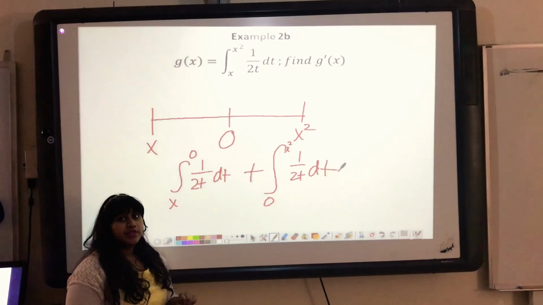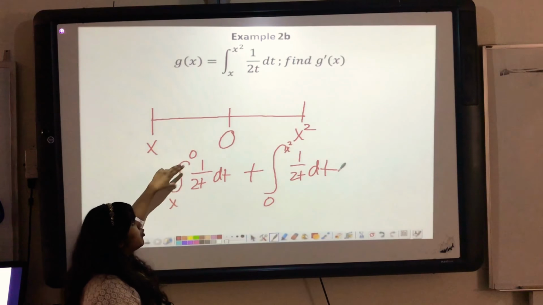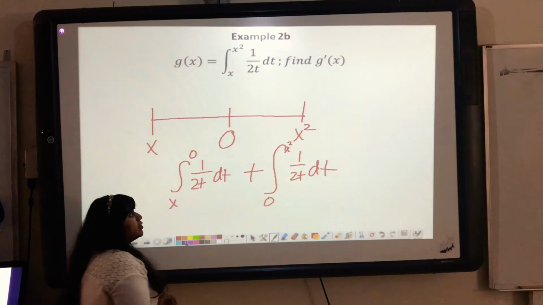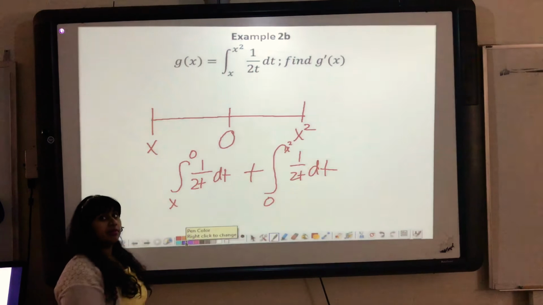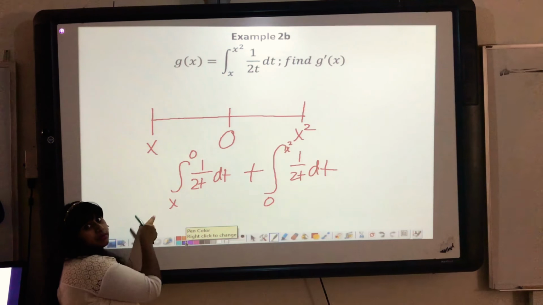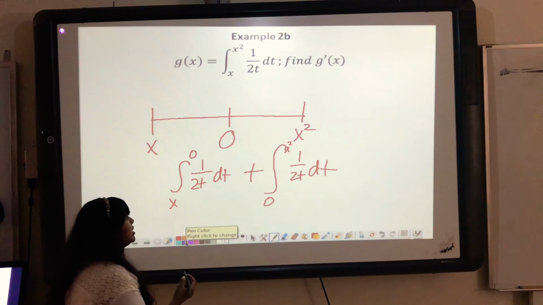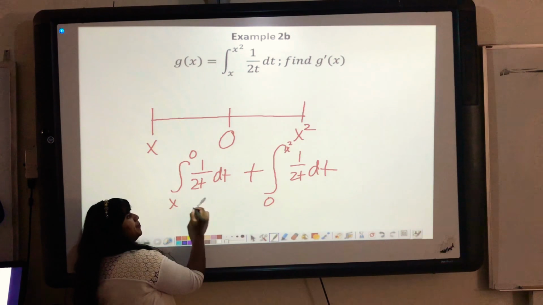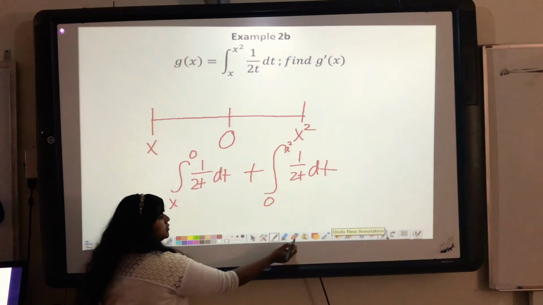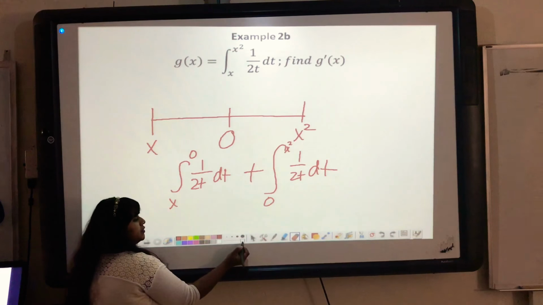That doesn't help me. So what we're going to do is apply another property, and we're just going to flip it. Well, in order for me to flip it, there's something I've got to change about it. I'm going to give you a hint. Something out here I want to change. Right now it's positive. What do you think I'm going to do? All right, I'm going to make it negative. We're going to erase it, make it a little bit easier on ourselves.